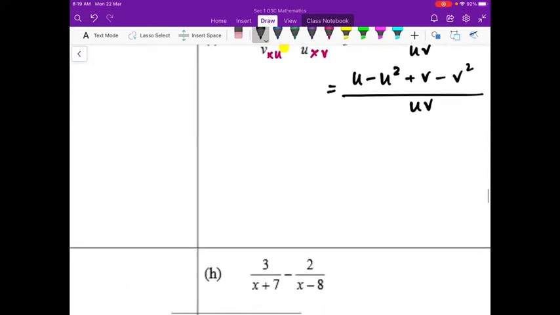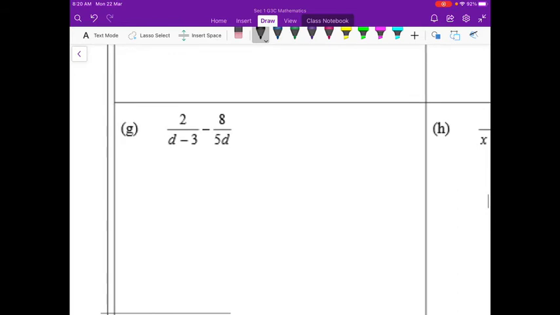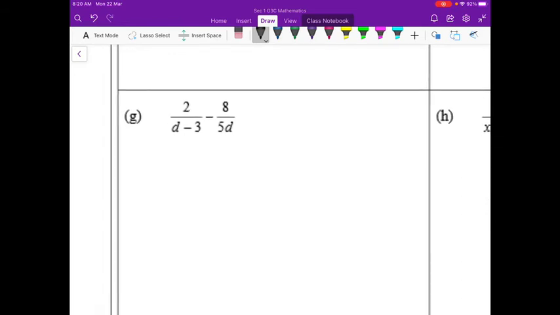Next, part G. Take a good look at the question. Look at the denominator. Any common factors that can allow us to find an LCM without simply multiplying the two denominators together?